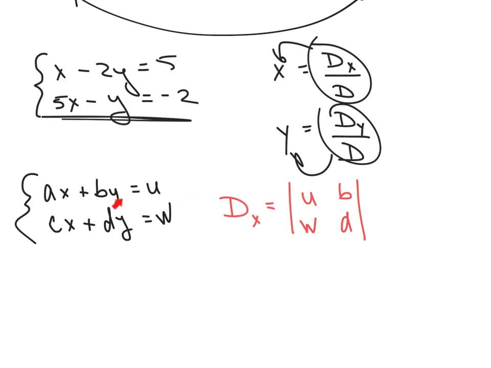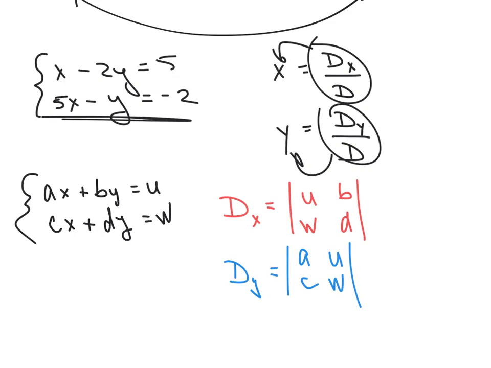W goes there. B goes there. D goes there. Same thing with D of y. That is going to equal a, c, u, w.